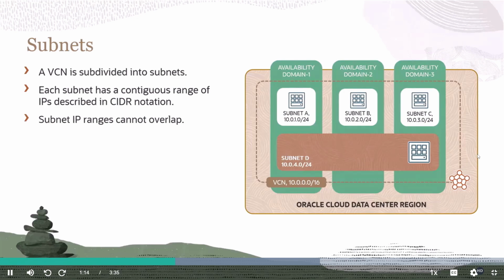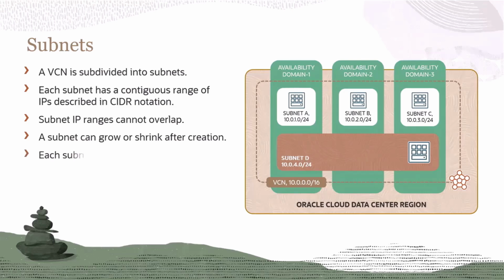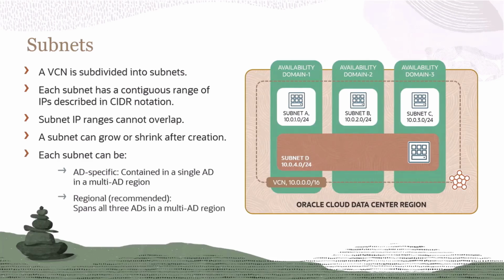Each of the CIDR addresses corresponding to each subnet cannot overlap, and we also looked at different scenarios that helped you understand what we mean by overlap. Once you create a subnet, you can edit its CIDR. And a subnet can be either AD specific, or regional.